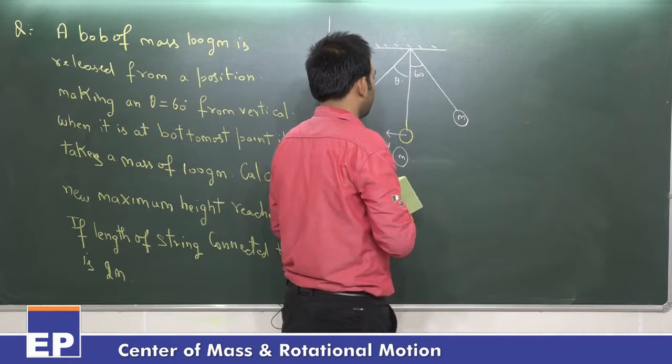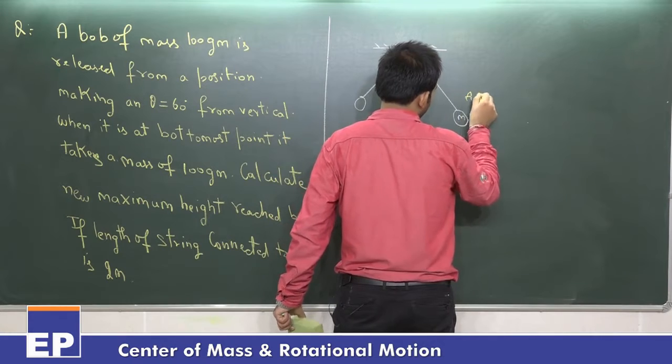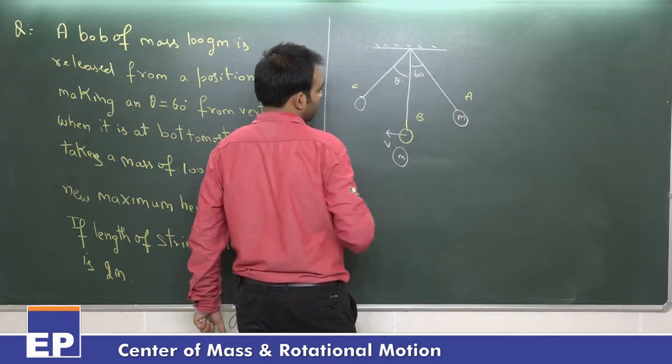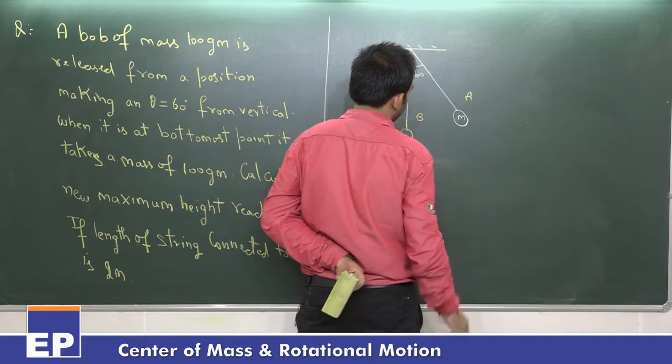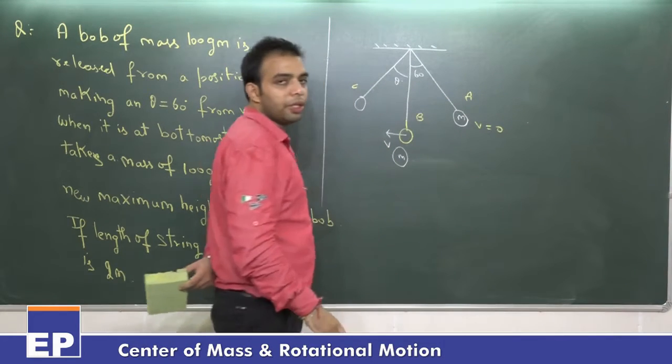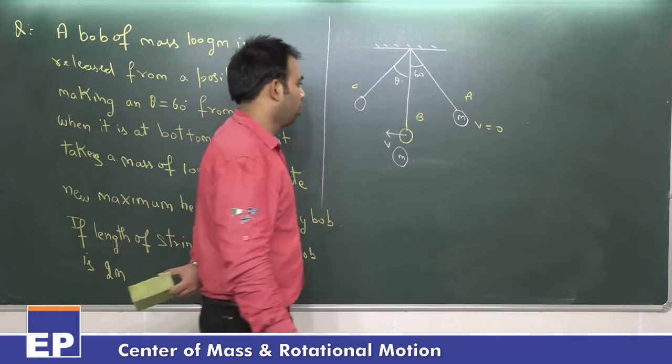Now, if we consider this point as A, this point as B, this point as C. The first thing: when it is at this position, its velocity is 0. And when it reaches the bottommost position, it gains some velocity v.